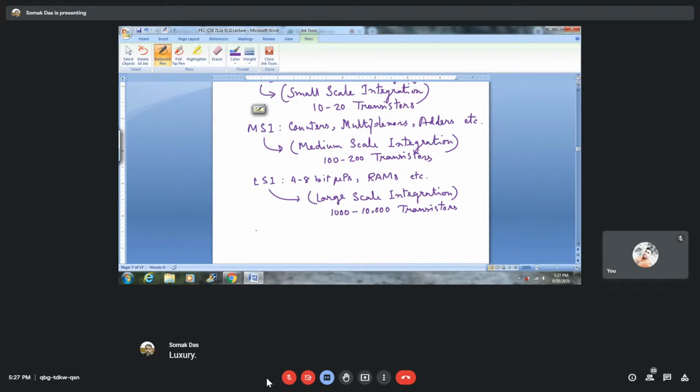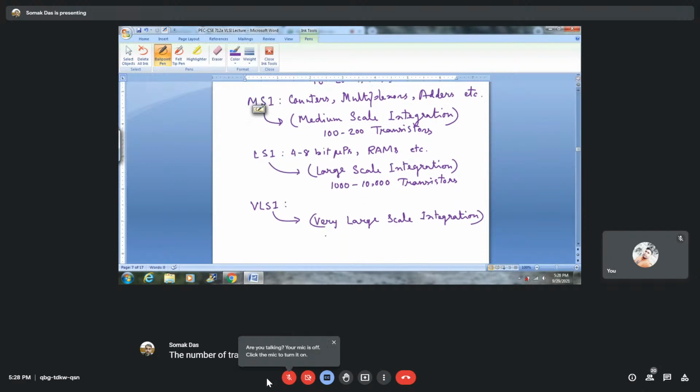Lastly is VLSI, which is very large scale integration, where the number of transistors are in millions. So 10,000 to there is no limit.